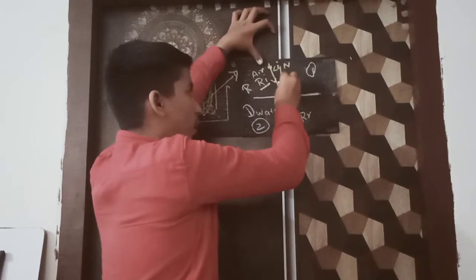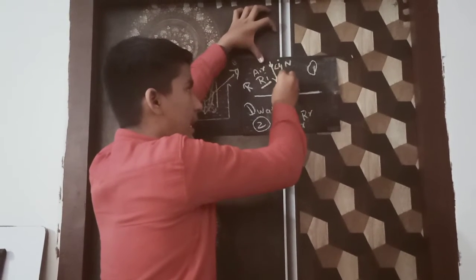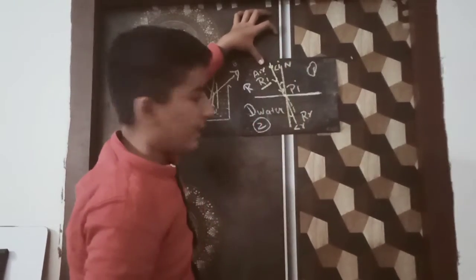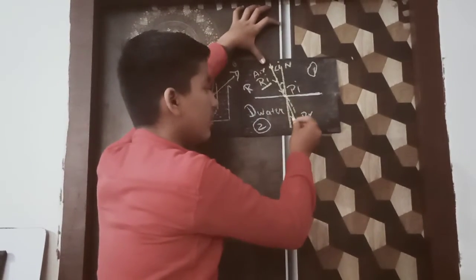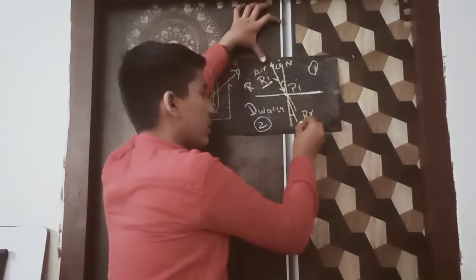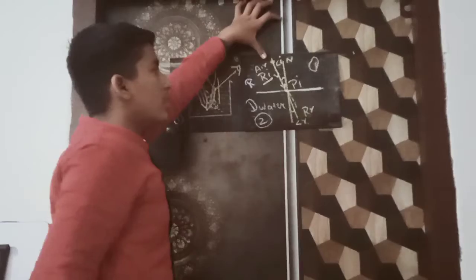The angle formed between the incident ray and the normal is called the angle of incidence. The angle formed between the refracted ray and the normal is called the angle of refraction.